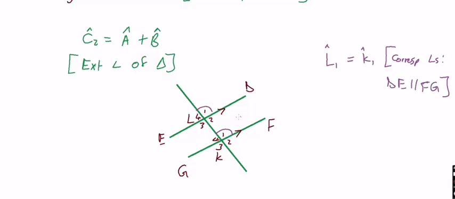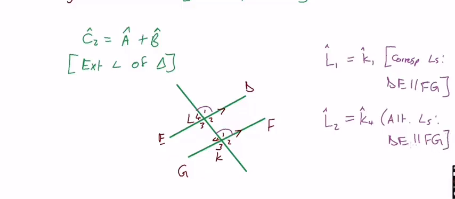We've got L2 also being equal to K4. And in this case, there is that formation of a Z. We call that alternating angles. And why is it alternating angles? Because of the parallel lines.